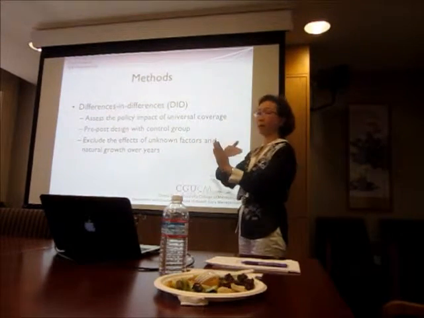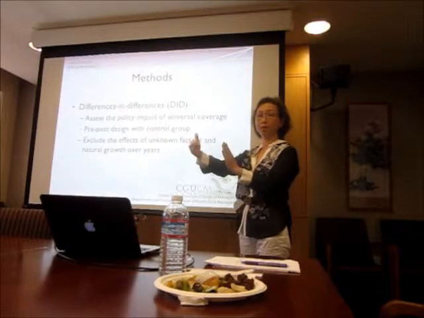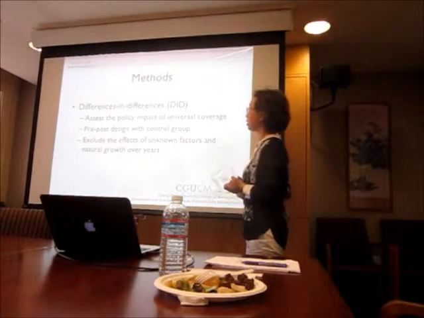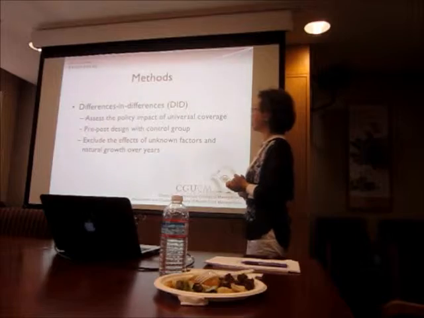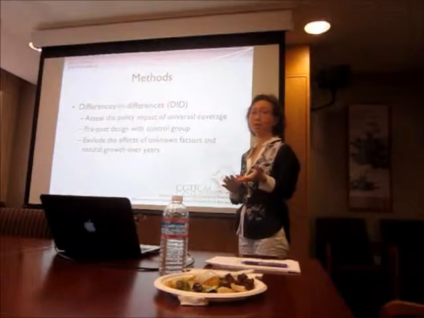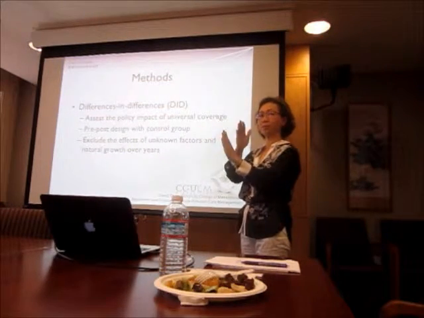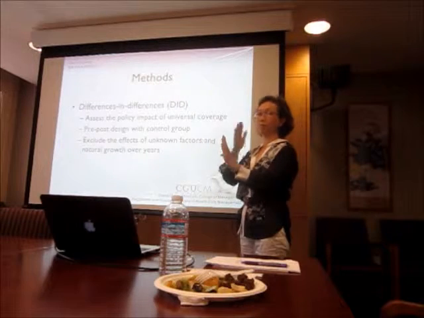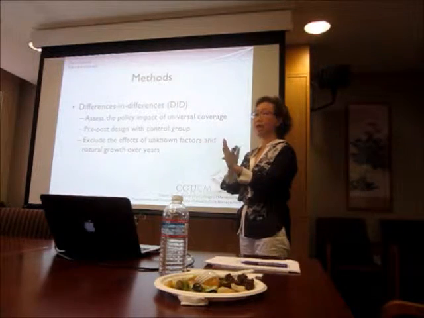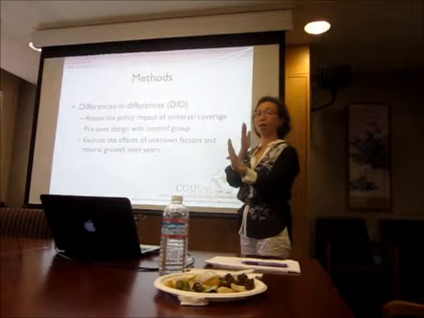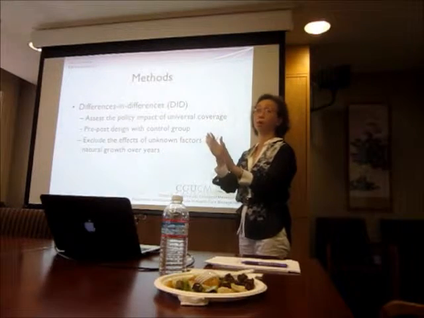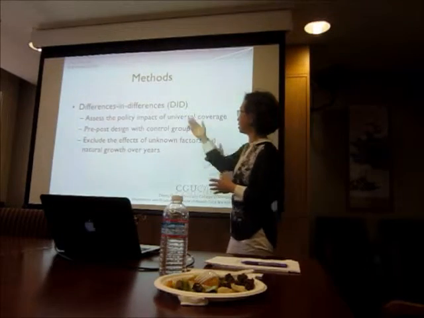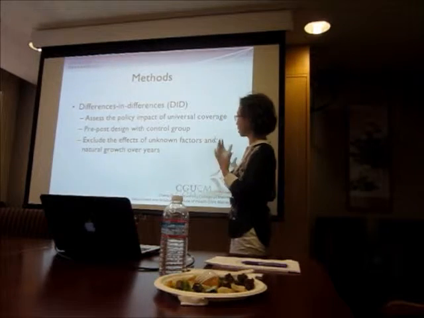And then we also compare the control group and the experiment group. DID is a well-known econometric model to assess a policy, because you see the policy difference. You compare with yourself before and after the policy, and you also compare those who are affected by the policy and those who are not affected by the policy. So this is the so-called pre-post design with a control group.